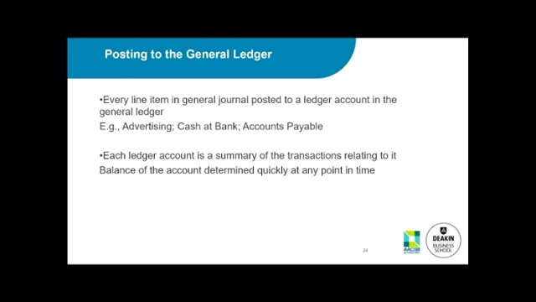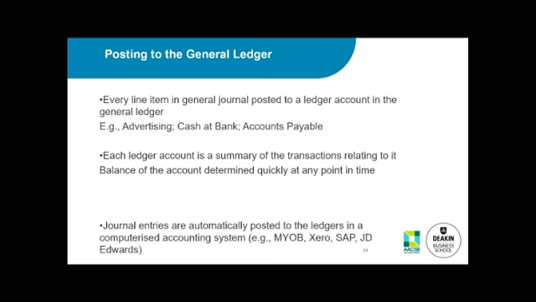And then at the end of the period, we will calculate a balance of that account. So we'll add up the debits, add up the credits and work out which one is greater, and that will be our balance at that particular point in time. The purpose of doing that is to get our accounts ready for the calculation of our profit and or loss, and also our assets and liabilities.